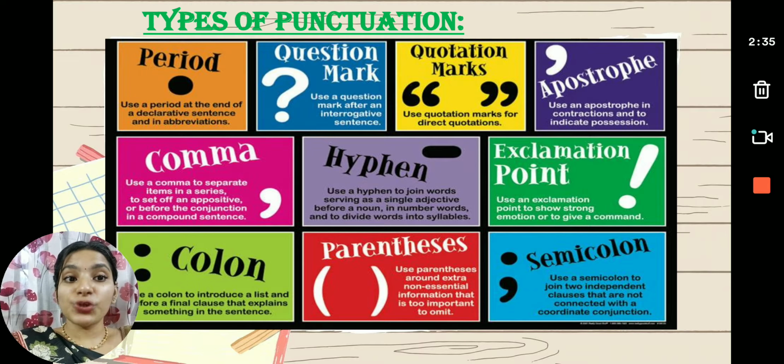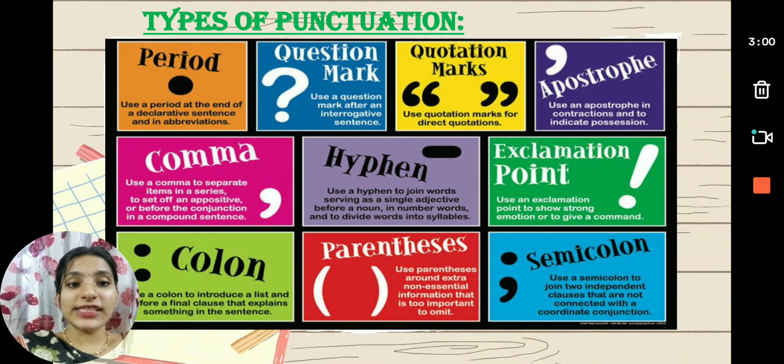Then we have question mark, quotation mark, apostrophe, comma, hyphen, exclamation point, colon, parentheses, also called brackets, and semicolon. So these are the types of punctuation, and we are going to look at what they are and where they are used.